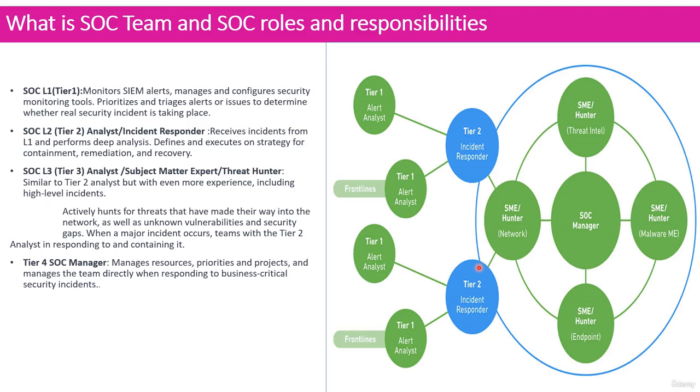These people have a very good understanding of incident response, and a deeper understanding of security technologies, the different types of attacks and attack methods, and how to investigate those attack methods.